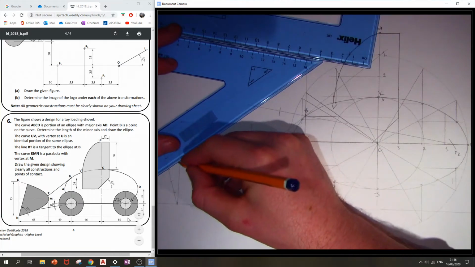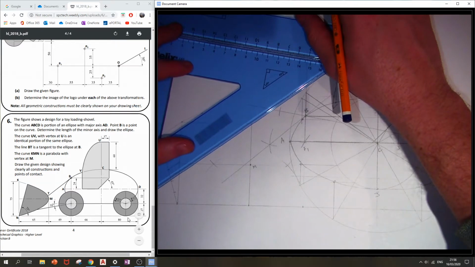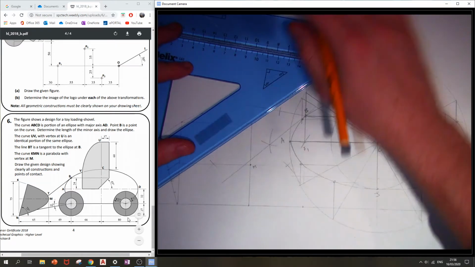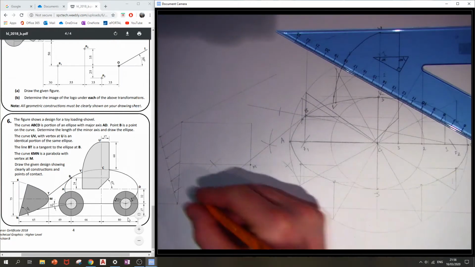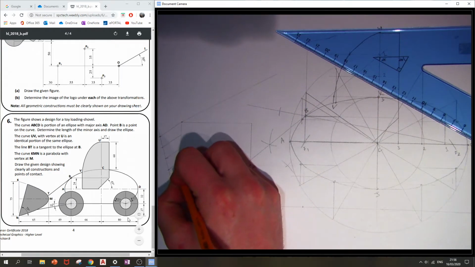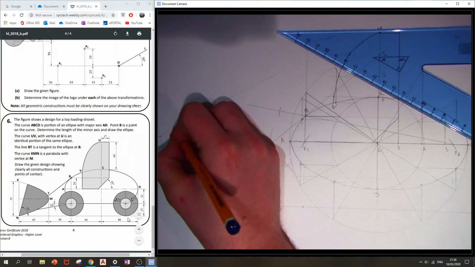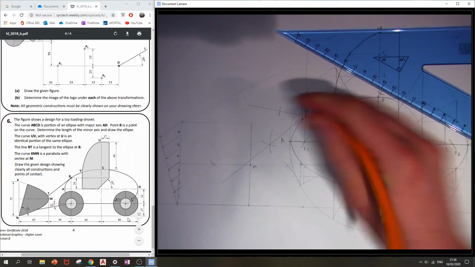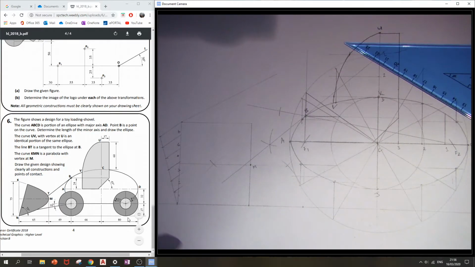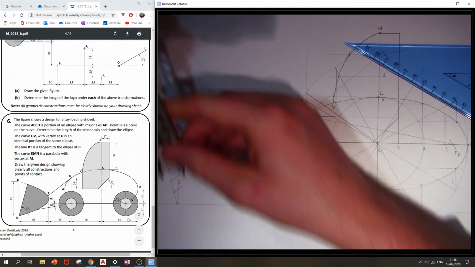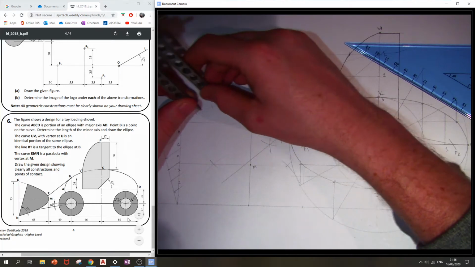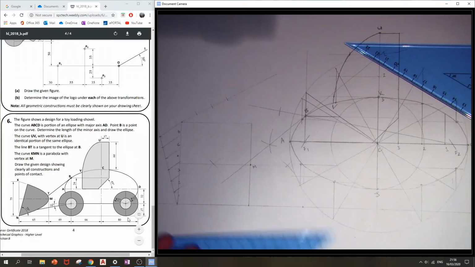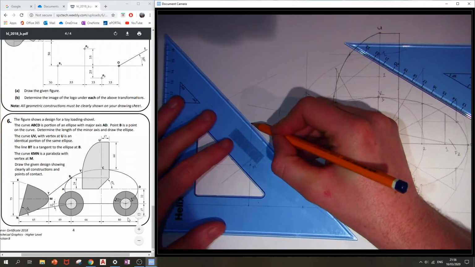And the last one. Now I have 1, 2, 3, 4, 5, 6 equal parts. I said if I divide this up into 6, I want to divide this one up into 3. So I'm going to go 1, 2, and 3. Similar to that, I'm going to use my sliding set squares.